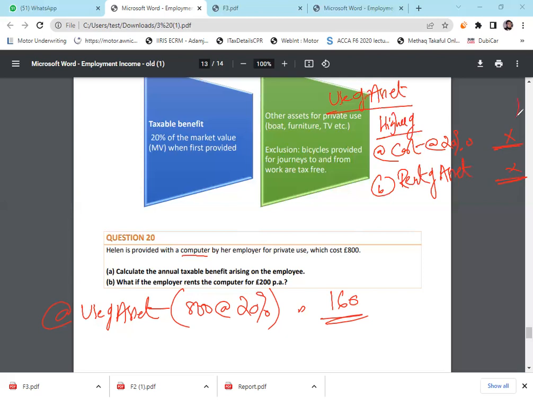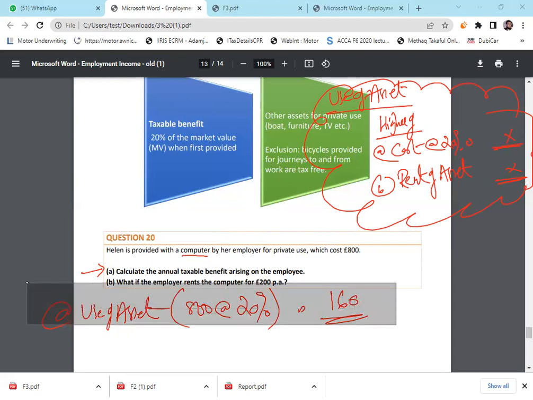This is the complete formula for benefit number 15, which is called use of an asset. So in A part, nothing was mentioned, so the 160 was the final answer.